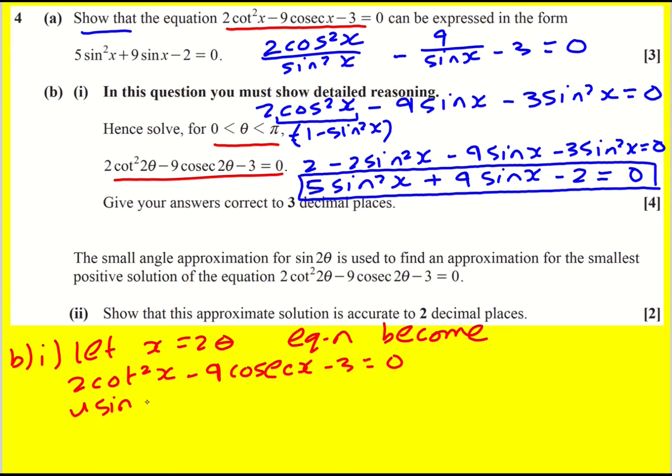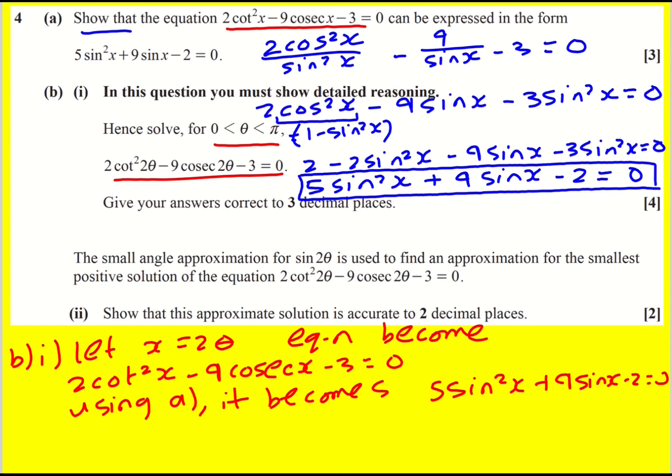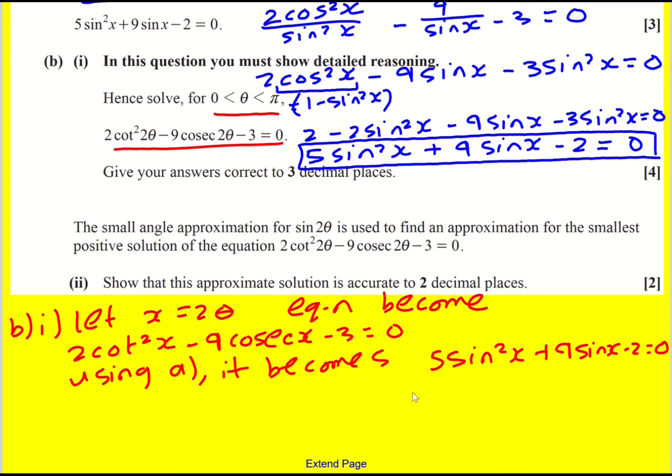And then using part a, it becomes what we had before, 5 sine squared x plus 9 sine x minus 2 equals 0. That's the one that we're going to solve.